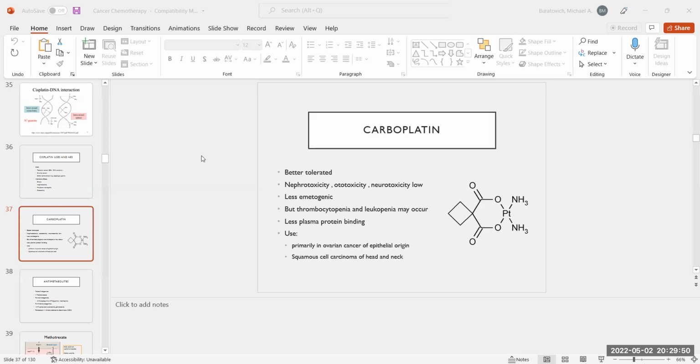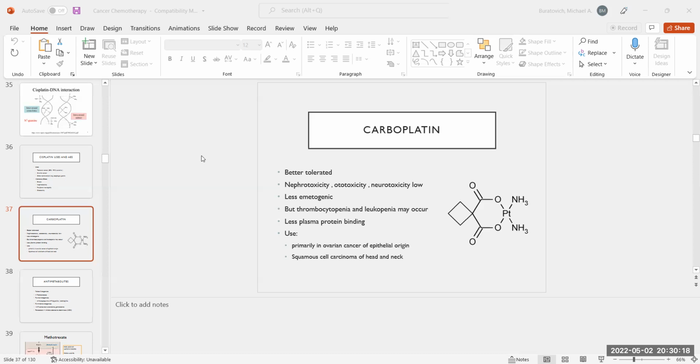So methotrexate is a good example of an antimetabolite because it masquerades as folate. Since it masquerades as folate, it inhibits dihydrofolate reductase. Dihydrofolate reductase is required for not only the synthesis, but also the recycling of tetrahydrofolate.